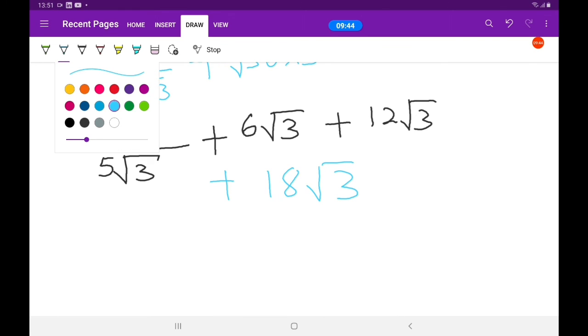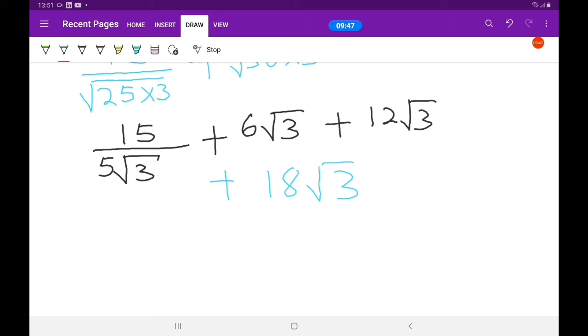And also, for this other part, you will notice that this is a part that we can rationalize because we have the denominator as a surd. So how do we do rationalization? We can do 15 over 5 root 3 times 5 root 3. We have dealt with this before.